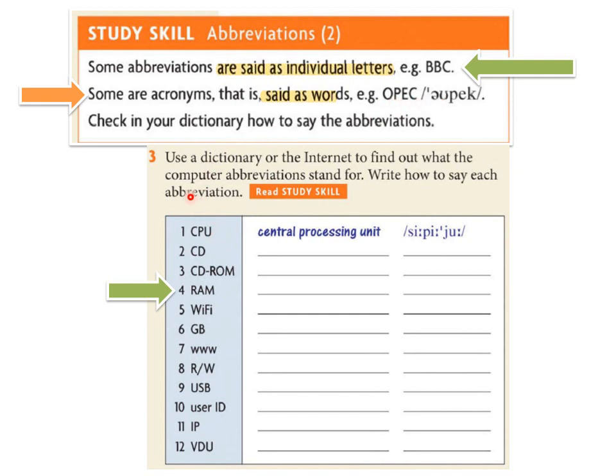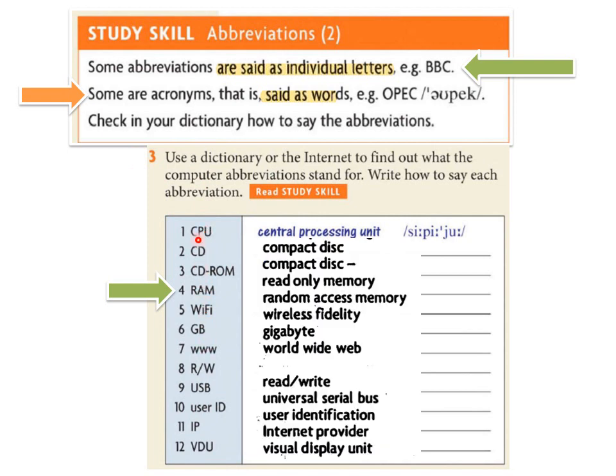And this table in exercise 3 shows you some of these abbreviations, and some of them are said or spelled as individual letters, like CPU, CD, while others like RAM are said as a single word. So pay attention before you pronounce any abbreviation, whether it is said as individual letters or as a single word.